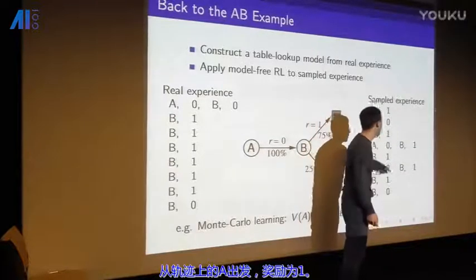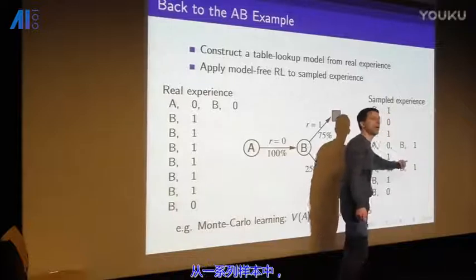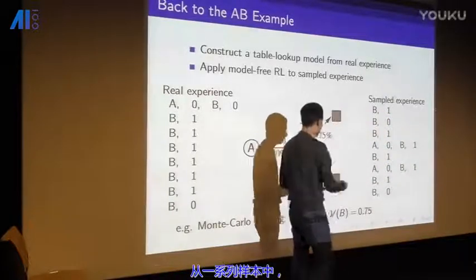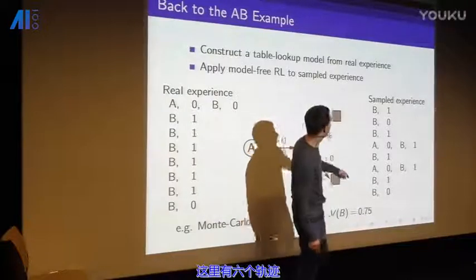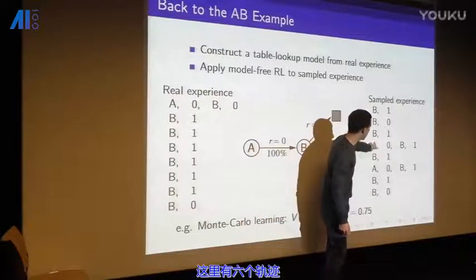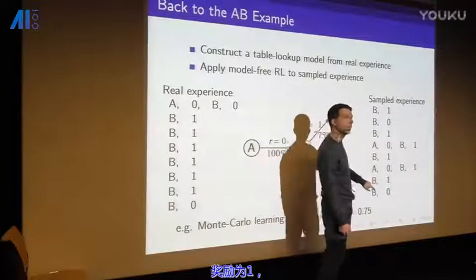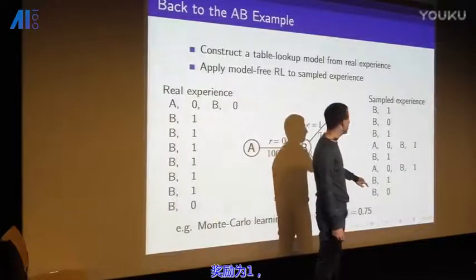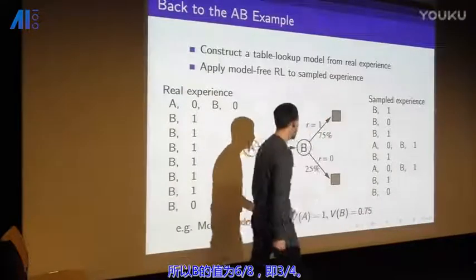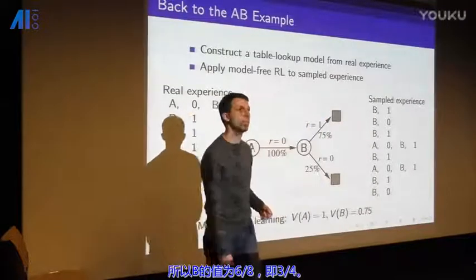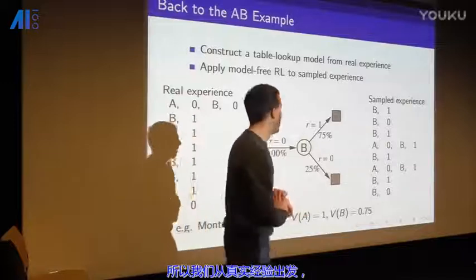Started off in A here, ran a trajectory, I got a return of 1. So from this set of samples, we would estimate that the value of A is 1, and the value of B would be, I've got 6 trajectories where B led to a reward of 1, and 2 trajectories where I got 0. So we would say the value of B is 6/8 or 3/4.